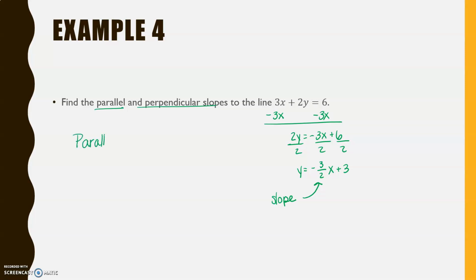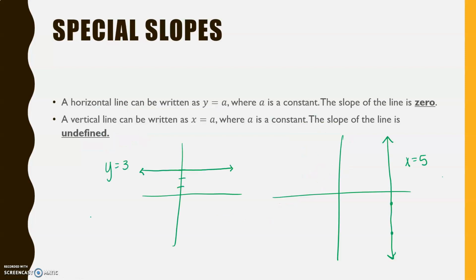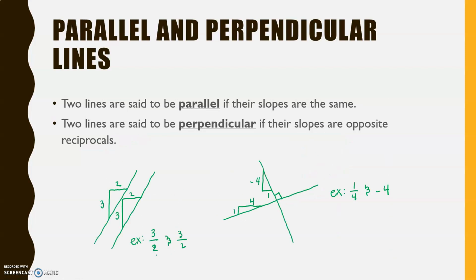I had to go back to the directions there for a second. For parallel, if the slope is -3/2, it has to stay exactly the same. Over here we had exactly the same. They didn't change. But for perpendicular, not only did we flip the fraction, we also changed the sign.